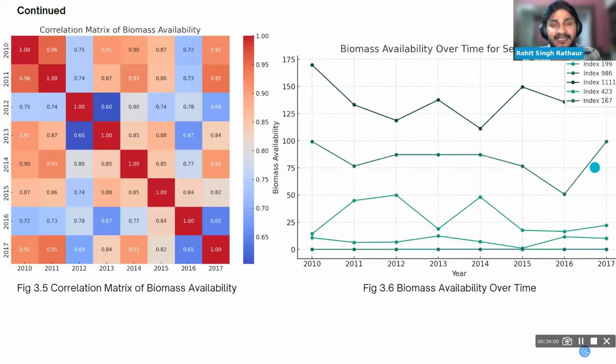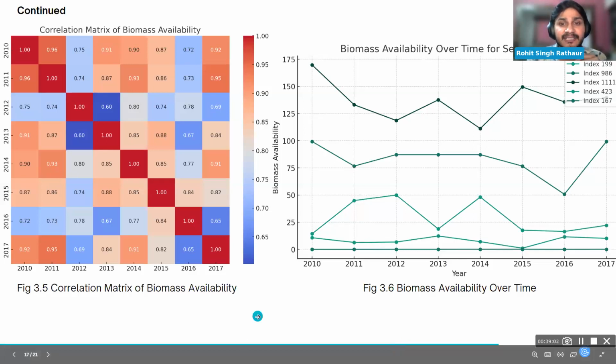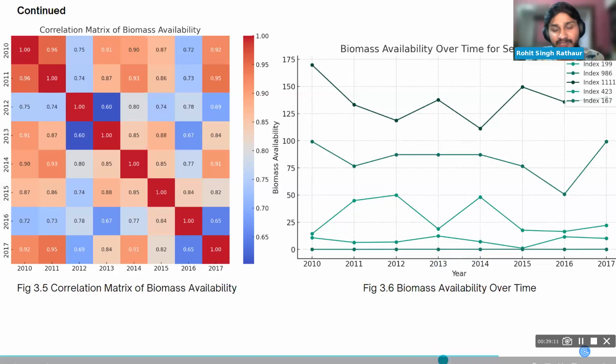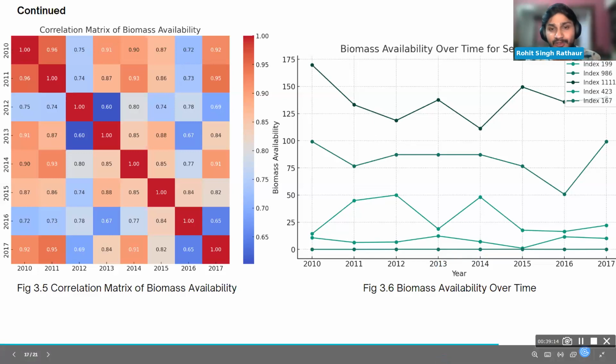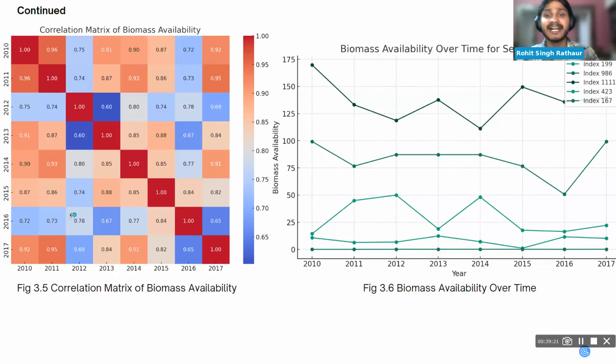And in the next plot, here I have represented this correlation matrix and time series plots for selected locations. So the heat map for correlation between years shows that the biomass availability between different years is highly correlated, as you can see here. This suggests that locations with high biomass availability in one year tend to have a high availability in other years as well.